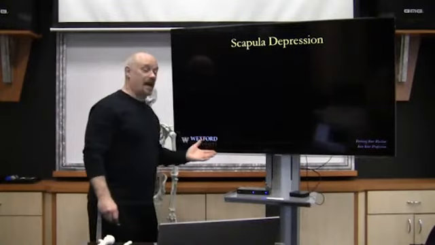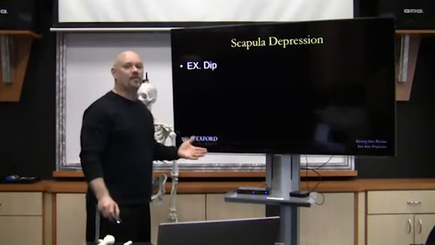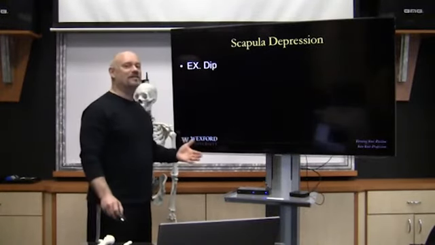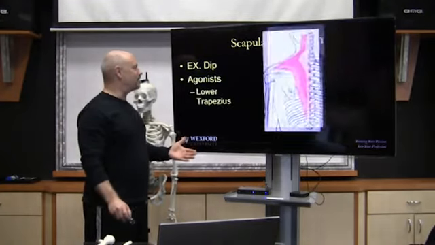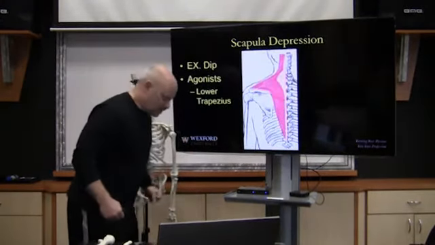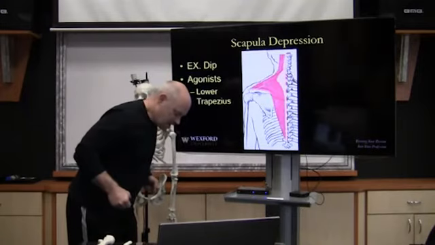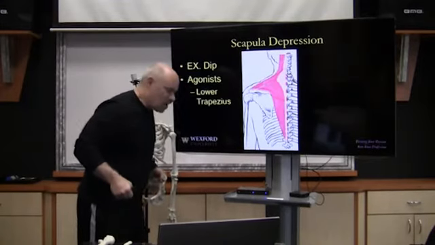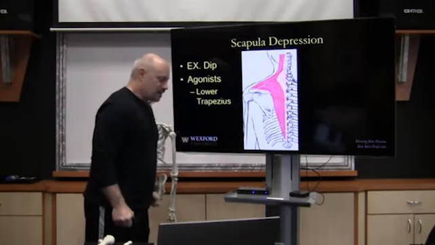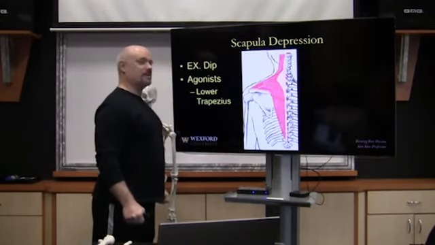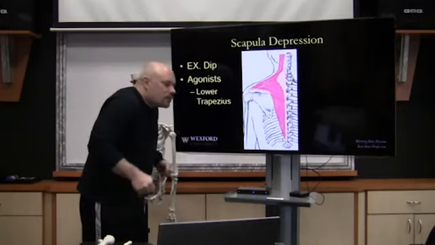Now, the opposite of scapular elevation would be scapular depression. Example, let's look at a dip. The agonist involved there is the lower traps. When you get yourself up on the bars and push yourself up and extend the arms, the shoulder blades are going to come down. You can't be shrugged up and try to do dips.